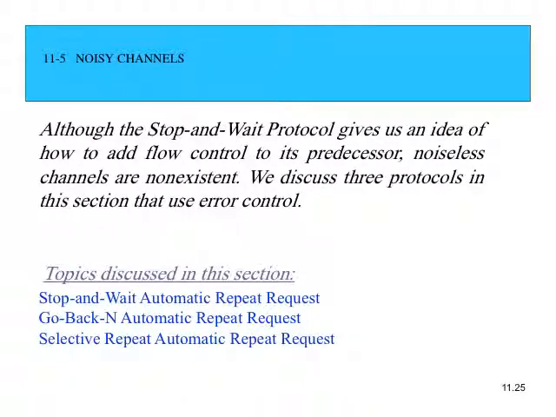For a noisy channel, I can expect that errors may happen. And when the error happens, it might happen to the frame itself while it's going from the sender to the receiver. It might happen to the acknowledgement that comes from the receiver back to the sender, right?